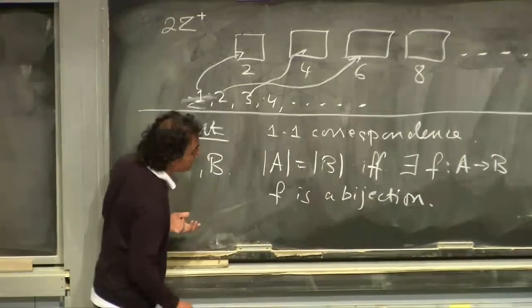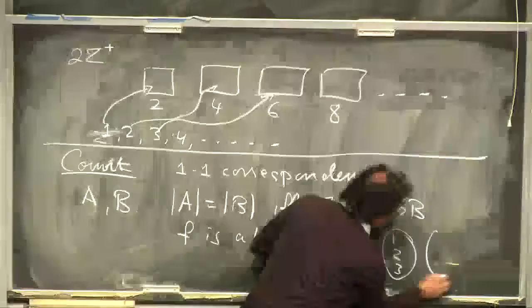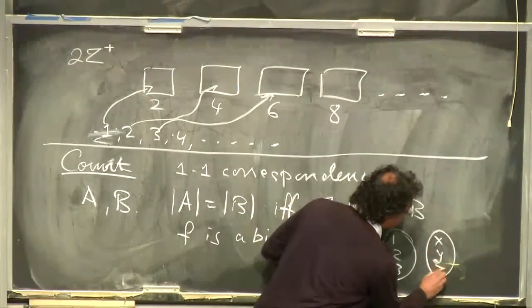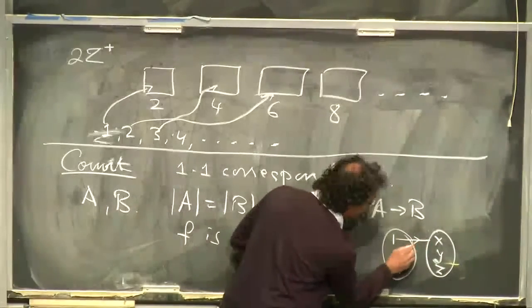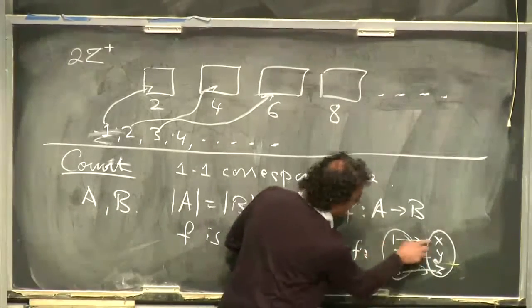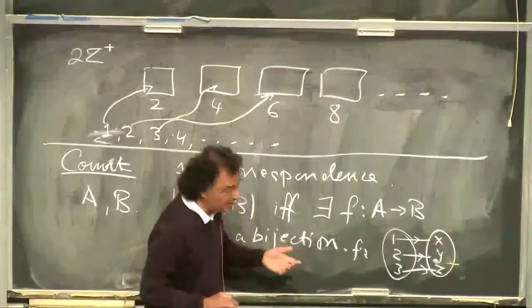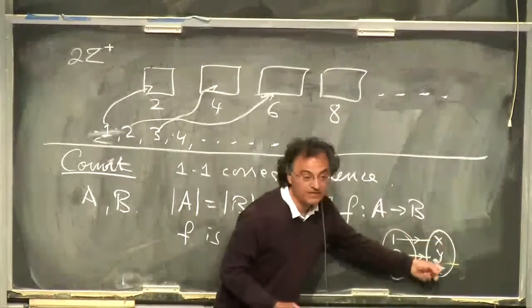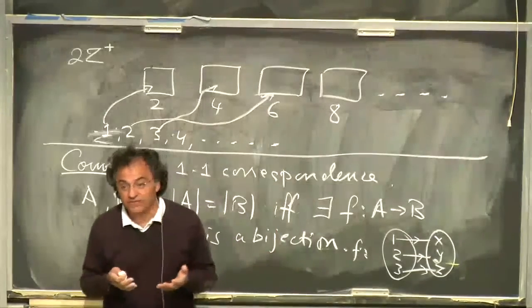So the way you would say that these two sets, 1, 2, 3, and X, Y, Z, have the same number of elements is by saying, well, there's a function f which maps 1 to X, 2 to Y, 3 to Z, and it's a bijection, and therefore this set has the same cardinality as that, right? And it's obvious it works for finite sets.